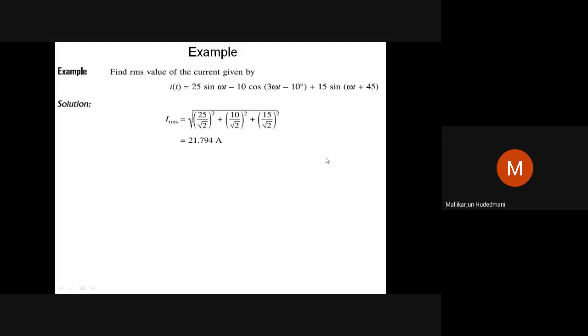Does it really matter to you? It does not matter, because to calculate RMS, whether there is a sine or a cosine mixed, the peak value matters. Therefore, it is 25 divided by root 2 squared, plus the RMS value of this, 10 divided by root 2 squared, plus the RMS value of this, 15 divided by root 2 squared. Under the root, add them.